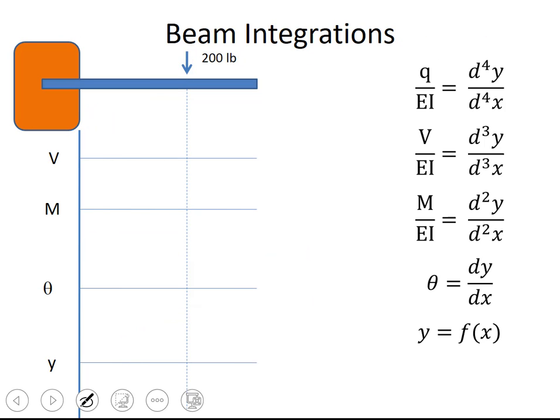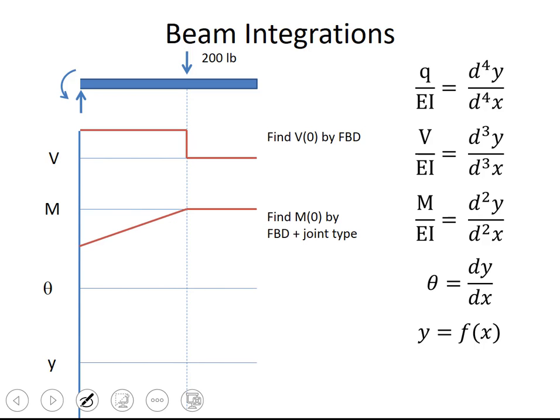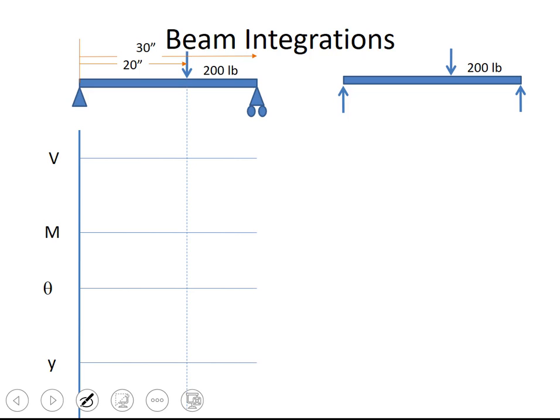We could continue those integrations, right? If we write the shear and moment, we could find the boundary conditions by free body diagrams, and also embedded in that are some assumptions about the joint types as far as to know which reactions there are. And then we could integrate to find theta and y. And these look a little bit different with other kinds of beam types.